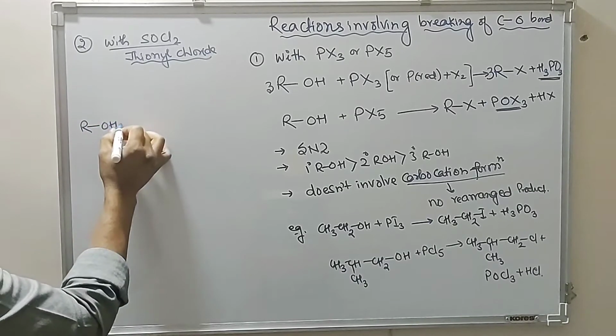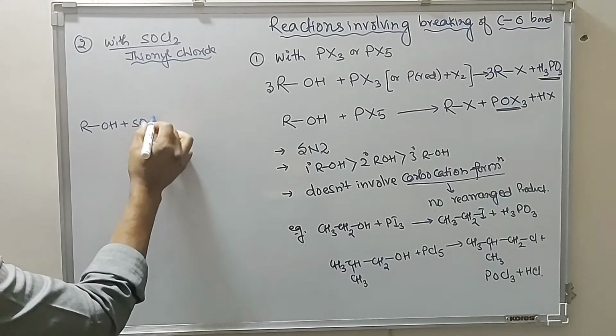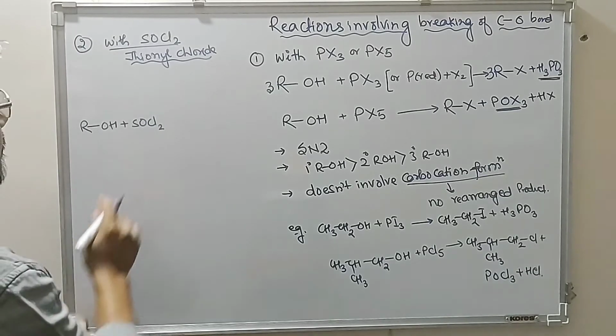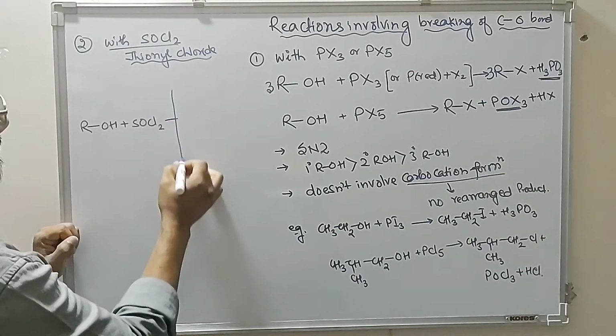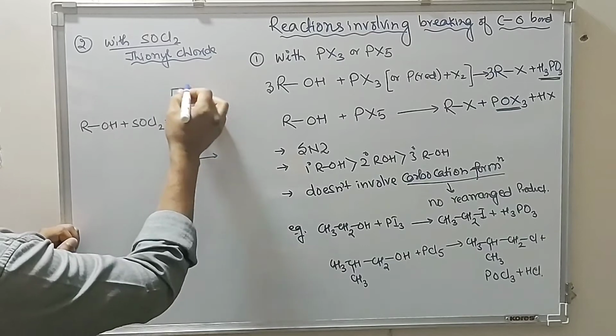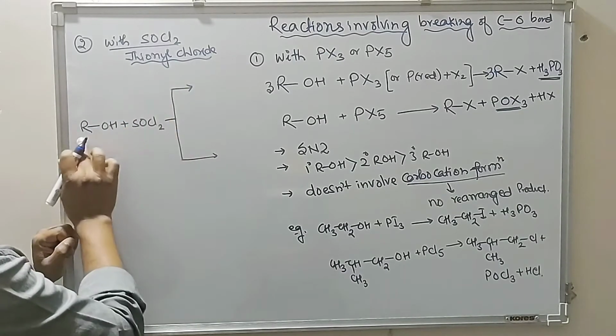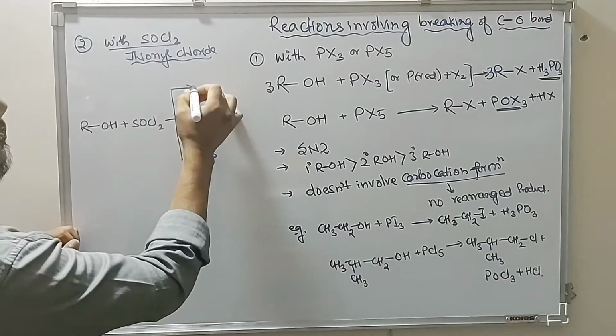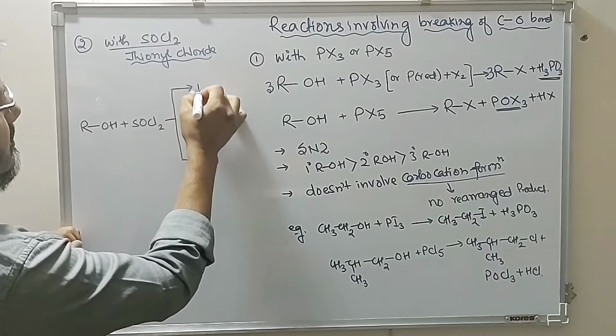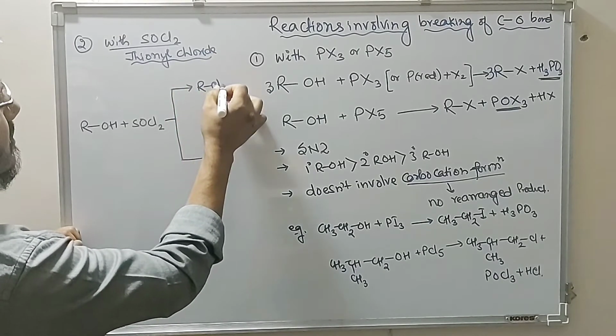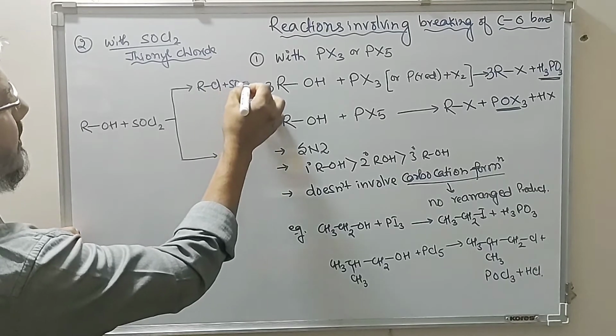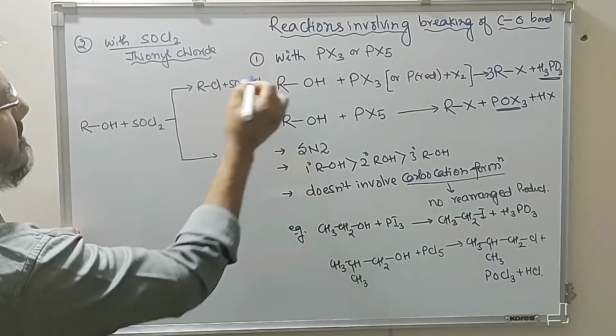ROH reacts with SOCl2, simply alcohol plus SOCl2, and the product is RCl plus sulfur dioxide plus HCl.